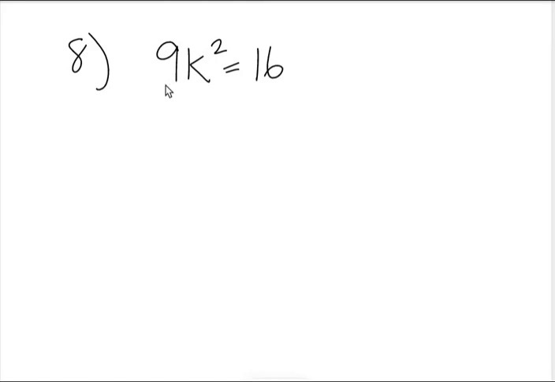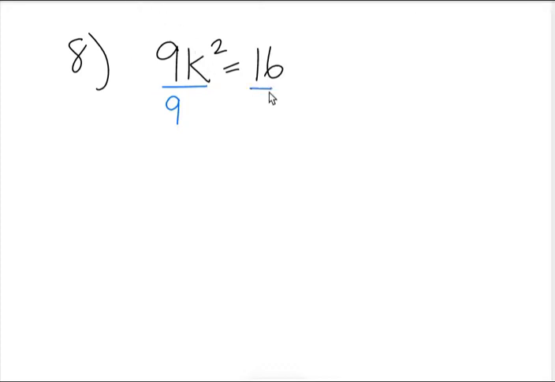So I don't want this 9 here. I need to start getting this k by itself. So in order to eliminate the 9, it's being multiplied by k squared. So I'm going to divide it. Or if you like the reciprocal that we've been using throughout the school year, you would multiply by 1/9. Either way gets us the same result.